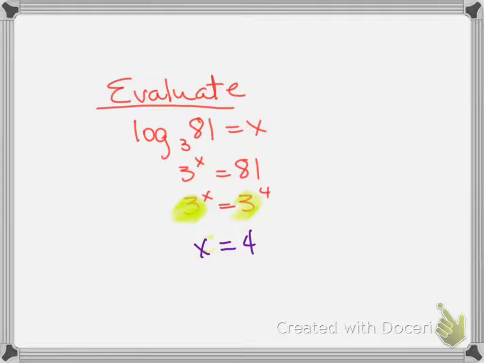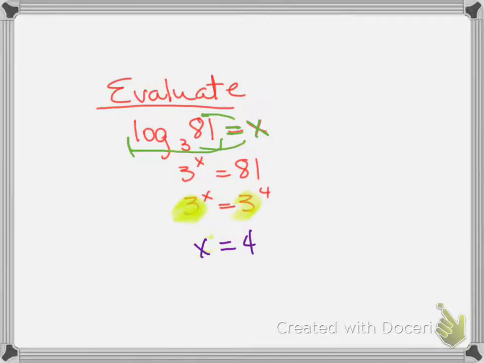Now we're going to do some evaluating. Notice that you only have this part, the log base 3 of 81. What we're going to do in order to evaluate that is we're going to set it equal to x. Now we're going to go from log form to exponential form. 3 to the x is equal to 81.